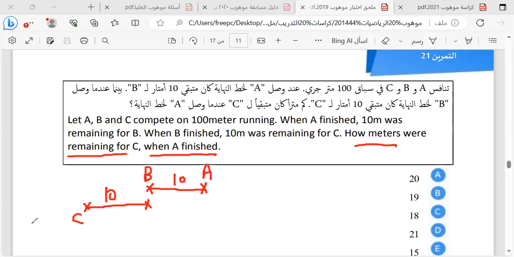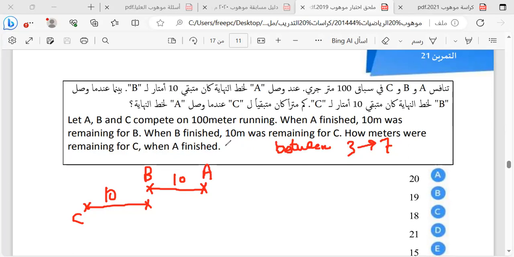No, not 20. Look, not 20. So look now. If I want to ask you how many numbers are between 3 and 7? How many numbers between 3 and 7? 4. Yes.